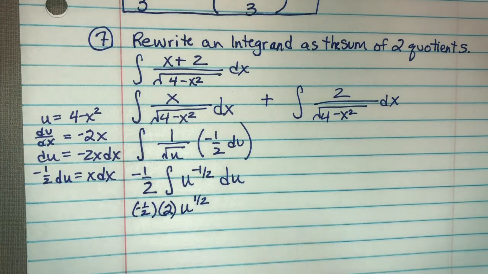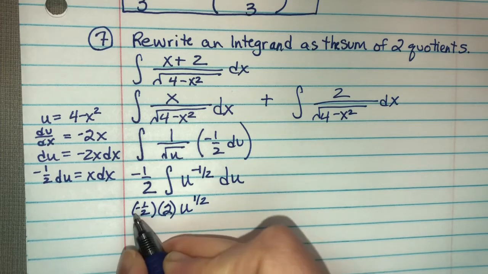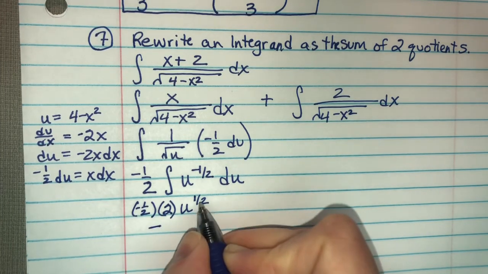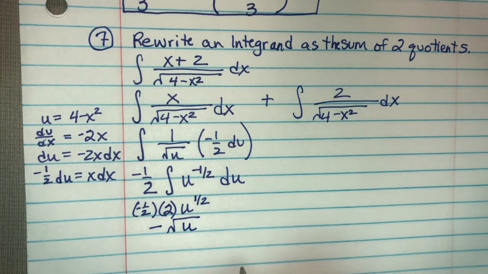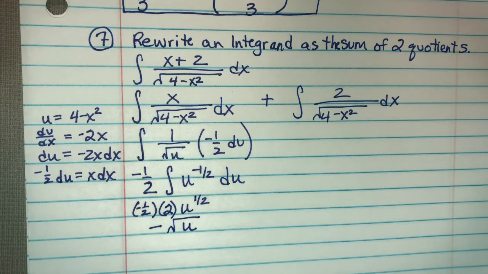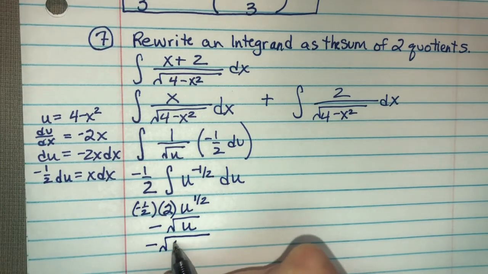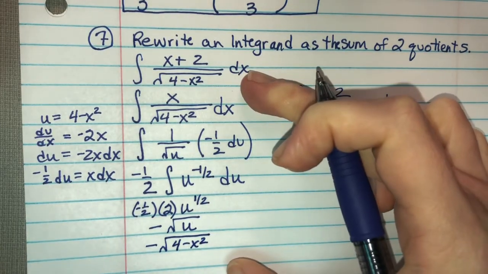So now I have 1/2 times 2, which is 1, and the negative, and this 1/2 power is the square root of u. And I'm going to go back and replace u with 4 minus x squared, so negative square root of 4 minus x squared. So that's the first part of the problem.